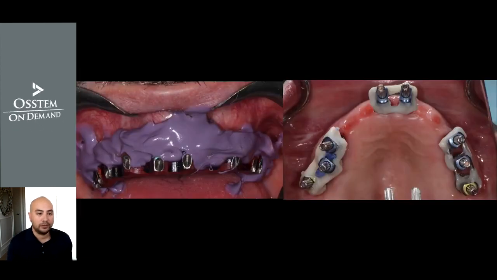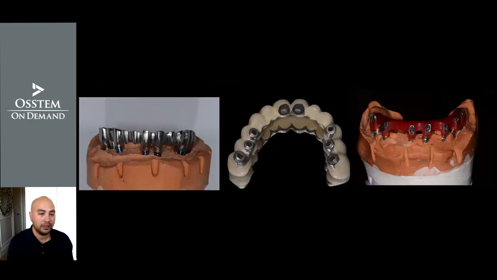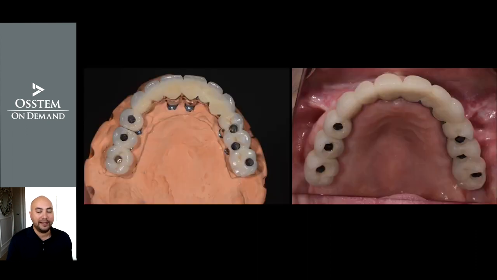These are some lengthy techniques that we used to adopt for full arch implant restoration at fixture level, with a lab-made jig, and then doing several try-in visits to make sure that the prosthesis was passive and fit adequately.